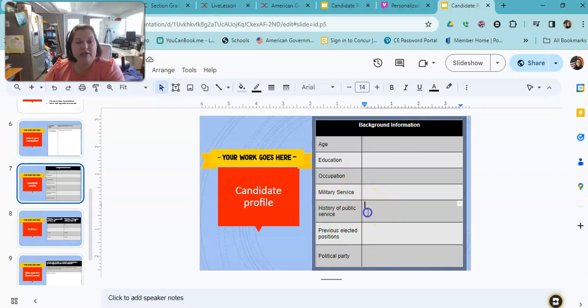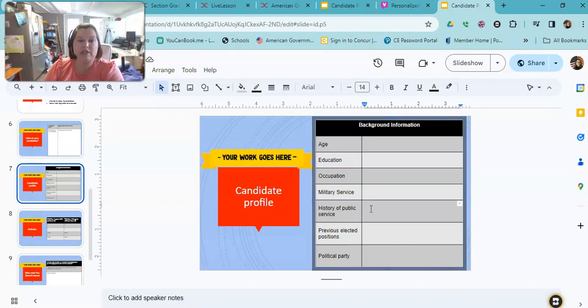The history of public service is, have they done a lot of community organizing, or were they previously elected to other positions? When you're looking at U.S. senators, often they're going to have a long history of public service. If you're looking at somebody running for, say, the Ohio House, this might be the first thing they've ever run for, and that's fine.